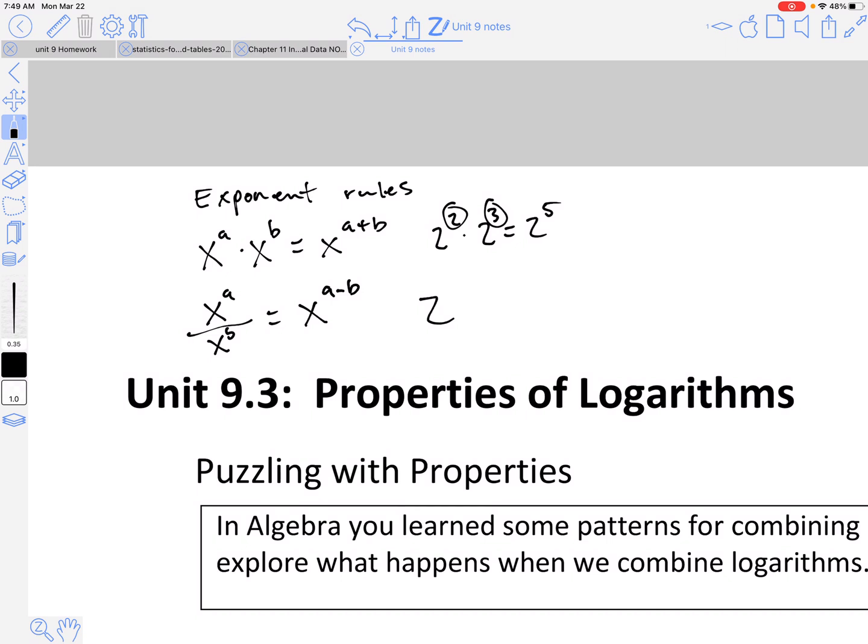So if we have 2 squared divided by 2 cubed, 2 squared is 2 times 2, 2 cubed is 2 times 2 times 2. So those 2's cancel out, and that's basically why we're subtracting, and we get 1 over 2. If we did it straight up, we'd have 2 to the 2 minus 3, which is 2 to the negative 1. Remember that negative exponent means we're dividing by 2.